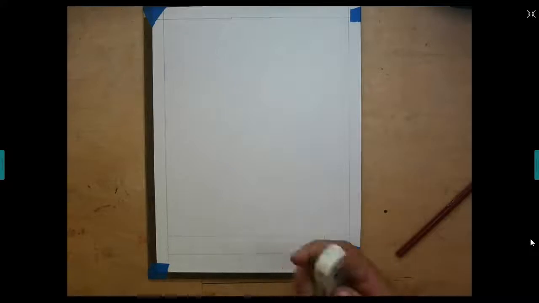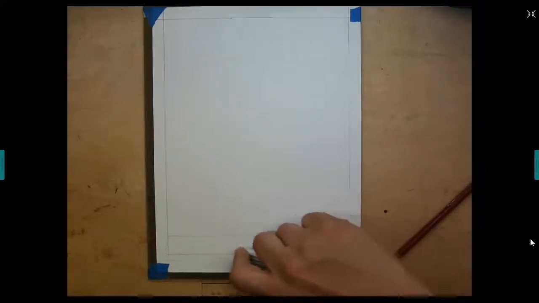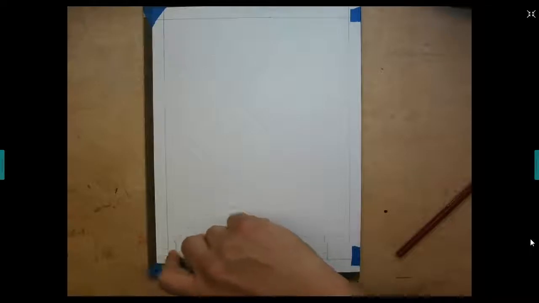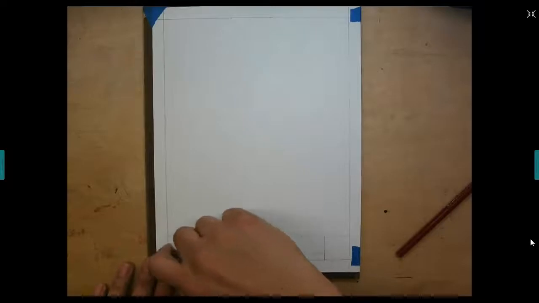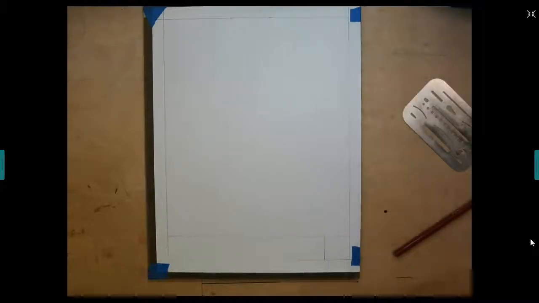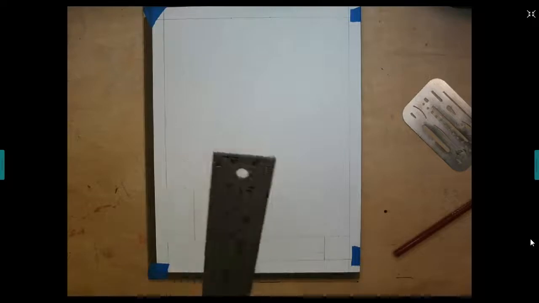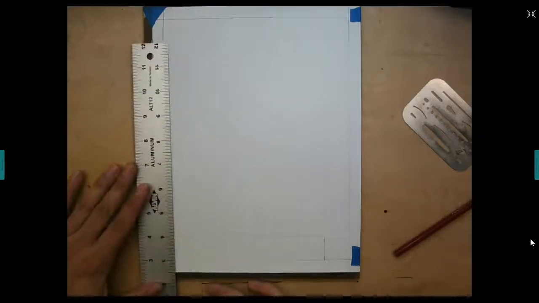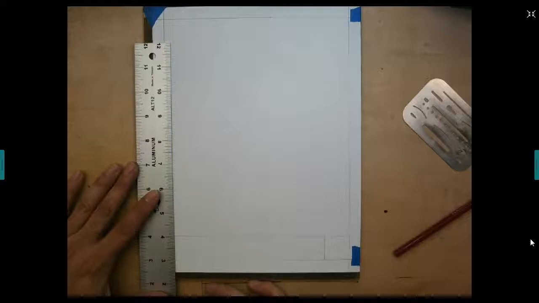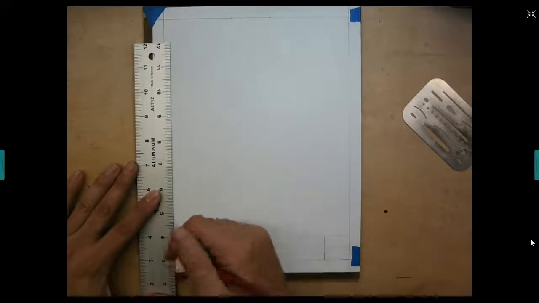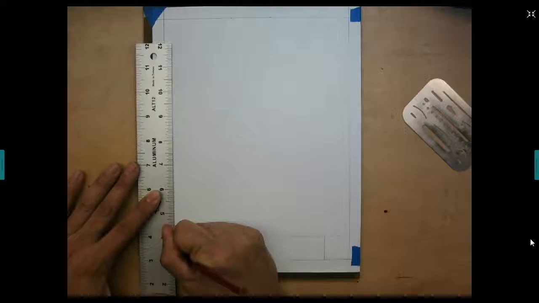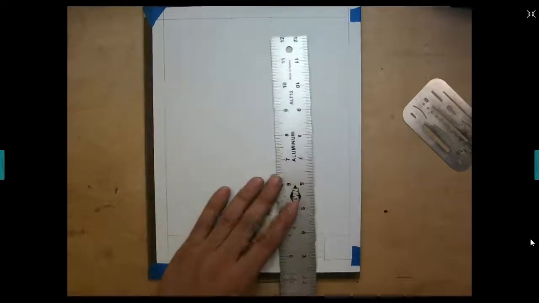It looks a little crooked, so I'm going to go back and erase it using this eraser. Since I drew a very light line, I can always go back and erase it. So let's try that again. Quarter inch.